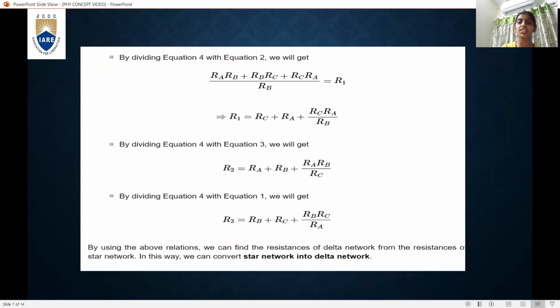That is, equation 4 is divided with equation 1, equation 2 and equation 3 in order to get the values of R1, R2, R3 respectively. So by using the above relations, we can find the resistance of delta network from the resistances of star network. In this way, we can convert a star network into a delta network.